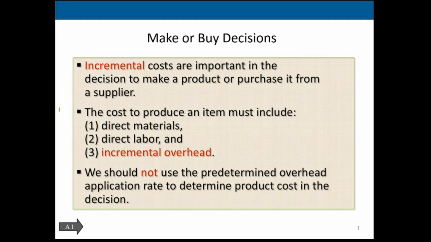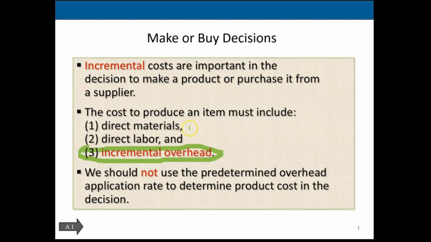So the cost to produce an item must include, remember, if we're manufacturing anything, the three components to manufacturing: direct labor, direct materials, and overhead. And as with many of our other decisions, the overhead is usually the one we're going to have to look into, because for the most part overhead is oftentimes fixed, meaning we're using an arbitrary allocation method to allocate the overhead into a per unit method.